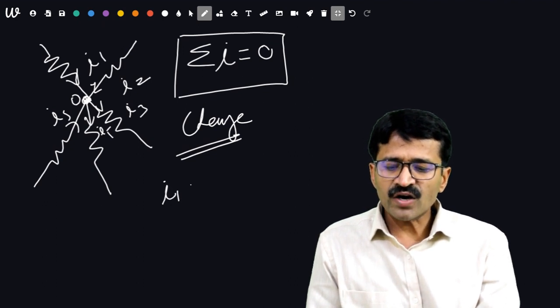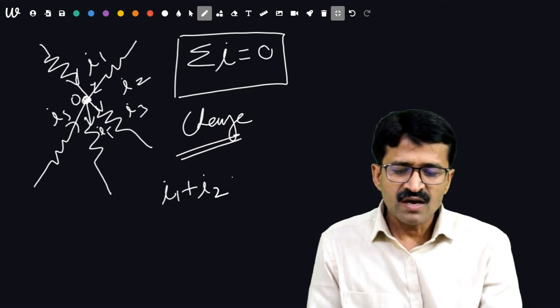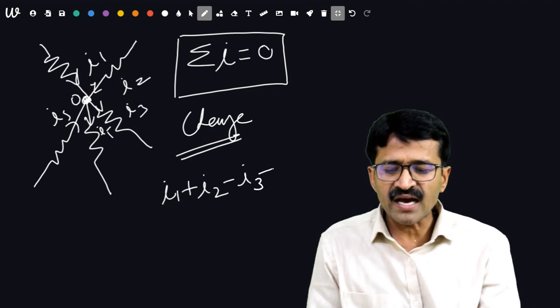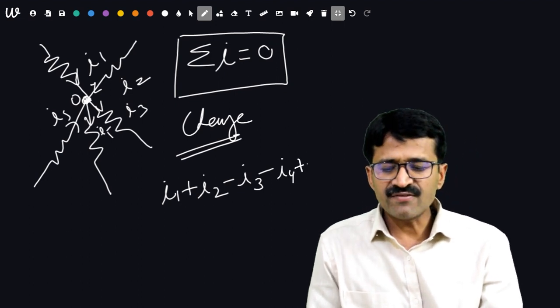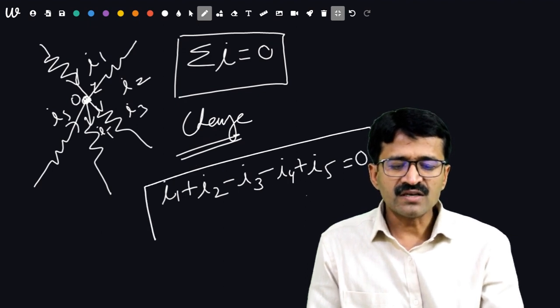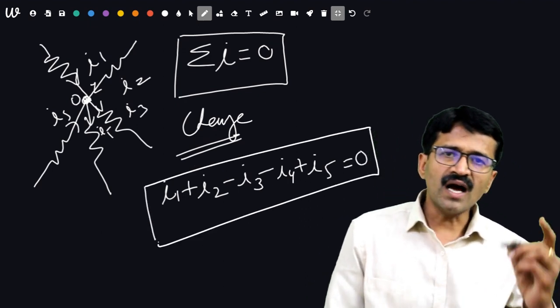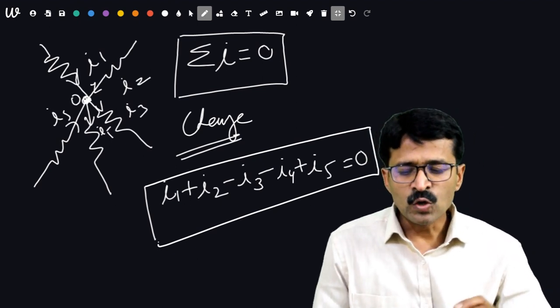I2 is again positive because it is toward the junction, while I3 and I4 are away from the junction, so they have a negative sign. I5 is again towards the junction, so it is positive. This is all about the first law, or junction law, or node law.